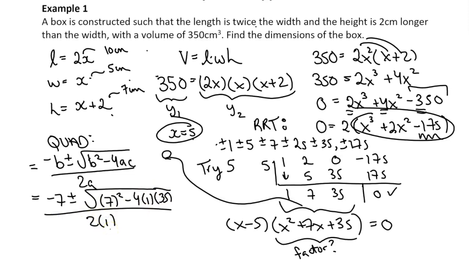And quickly, when you put this in, you would find that your radicand, the part underneath the square root right here, is negative, and it would produce no solution. There's no additional solutions that would come from that because you would have a negative root. And so based off of that, your only solution is 5. And based off of that, you could say my dimensions are 5 centimeters by 7 centimeters by 10 centimeters.